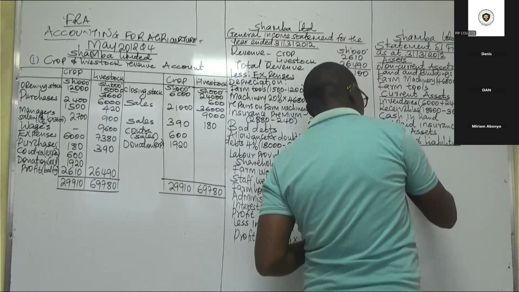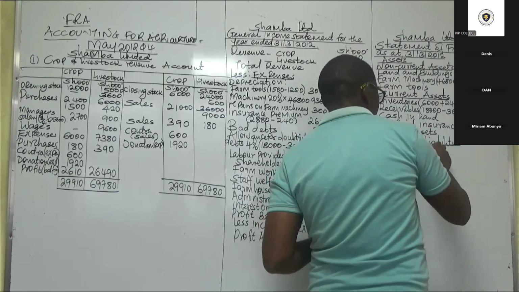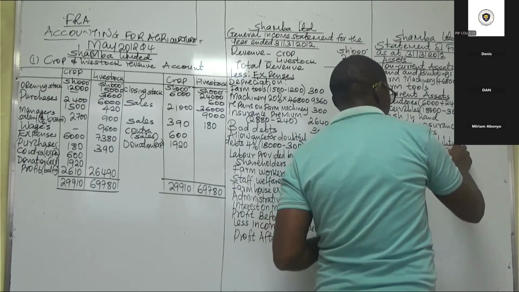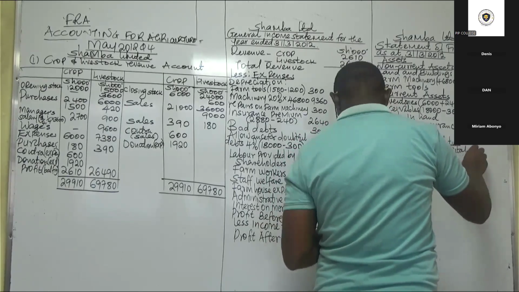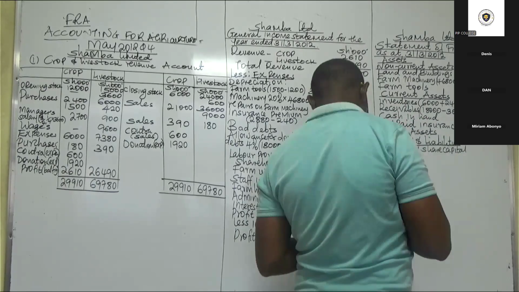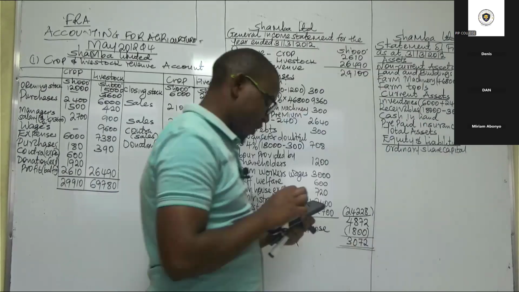Now, what was the ordinary share capital?